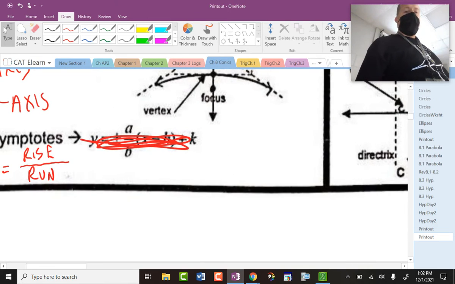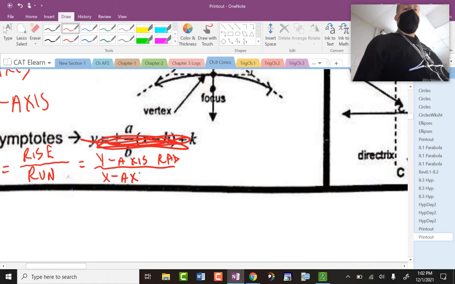So that's what I'm going to put here. This translates to y-axis radius, whatever that is, over x-axis radius. And that makes it a lot simpler.